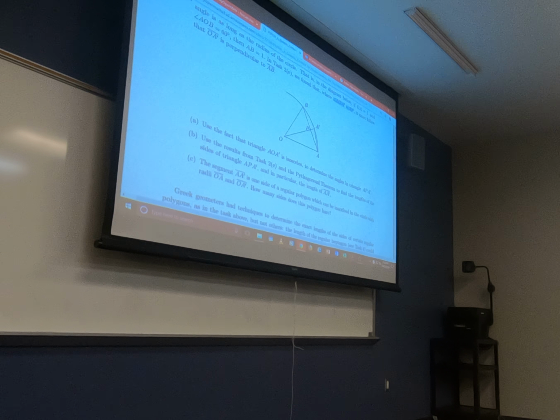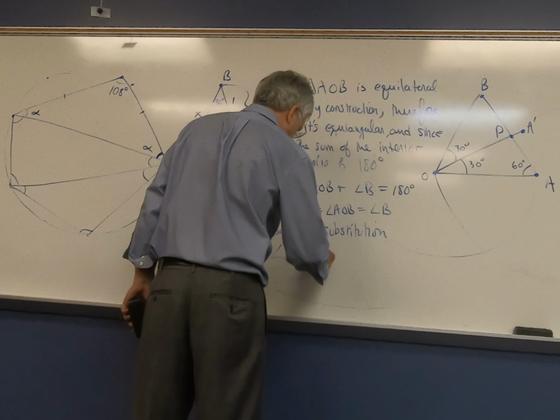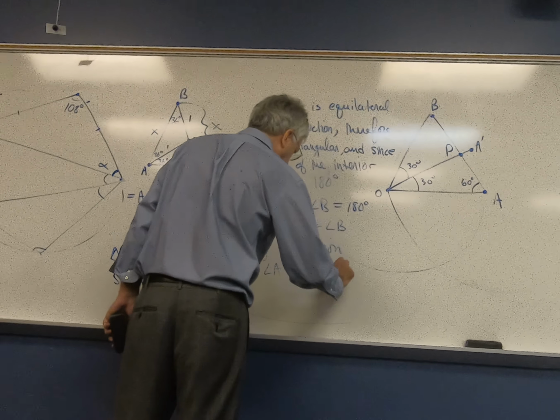Angle A equals angle AOB equals angle B. So by substitution, angle A plus angle A plus angle A is equal to 180.